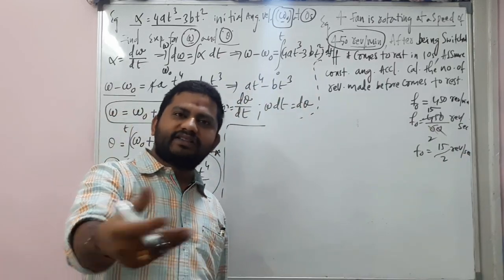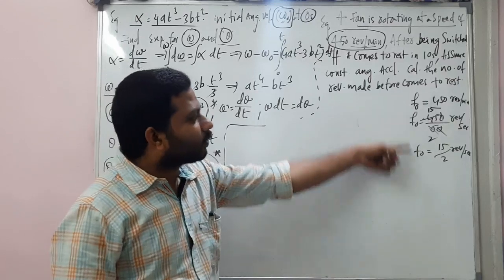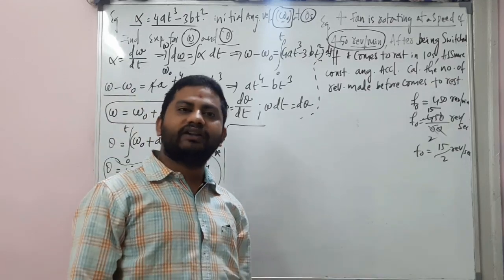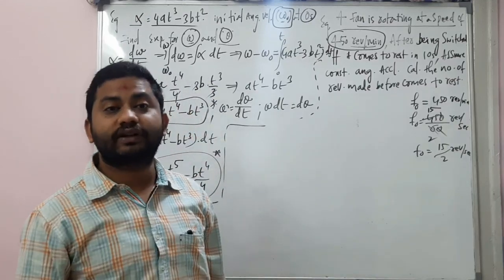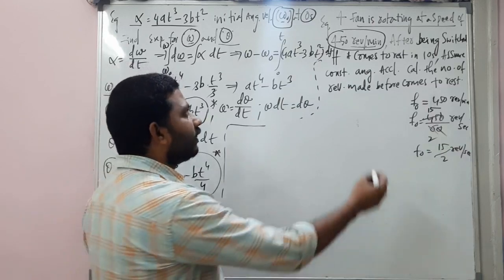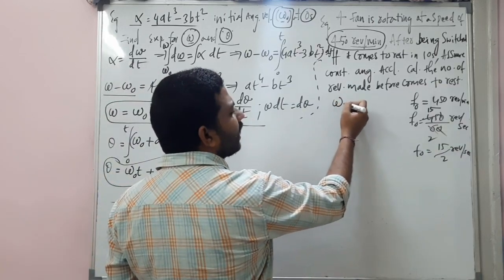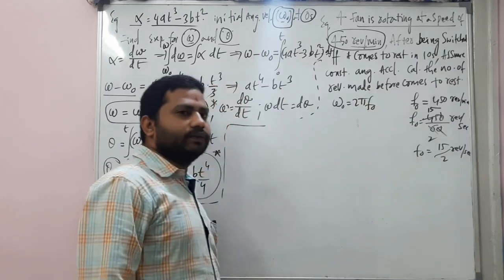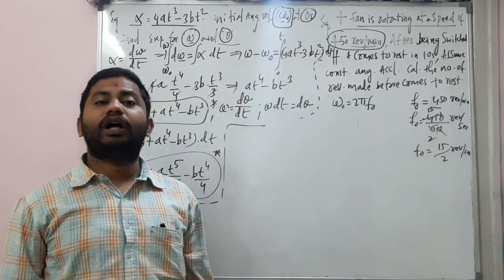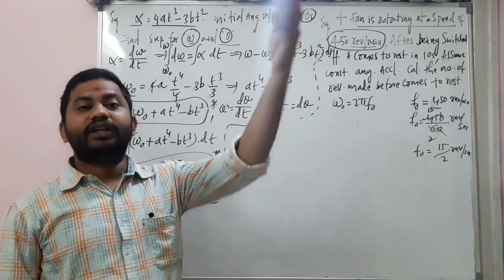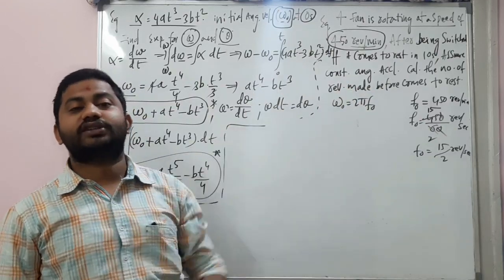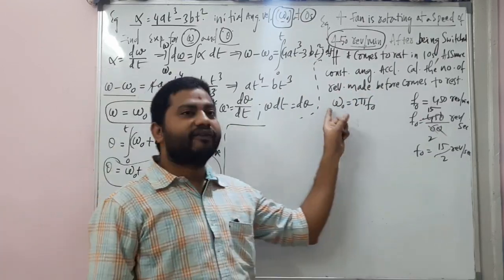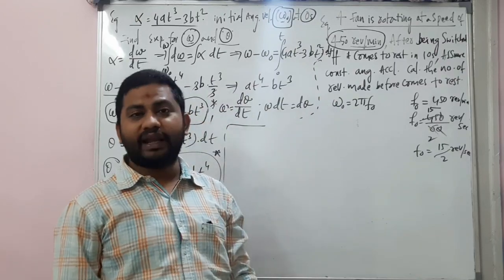Sir, nowhere we discussed about frequency. How come the frequency is here? And how can you use that frequency in the given question? Because omega naught is equal to 2 pi into f naught. This is another formula you might have discussed in the waves and oscillations chapter, and we have already discussed it in motion in a plane.